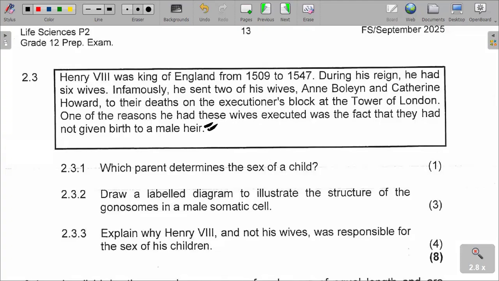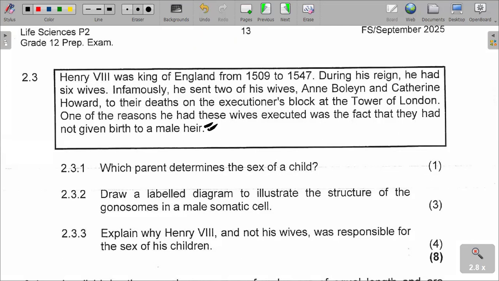So now the question is saying, which parent determines the sex of a child? I'm sure we have also had a question that I presented to you, where we talked about sex determination in children.